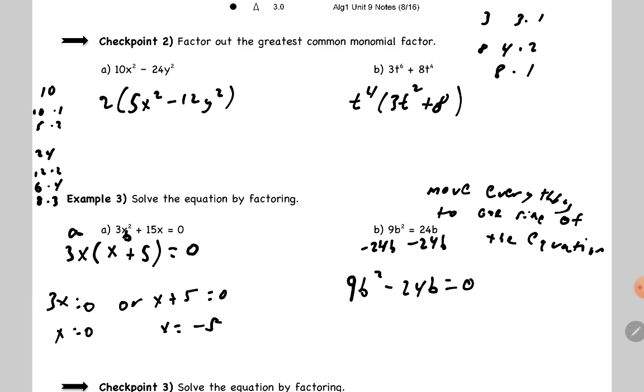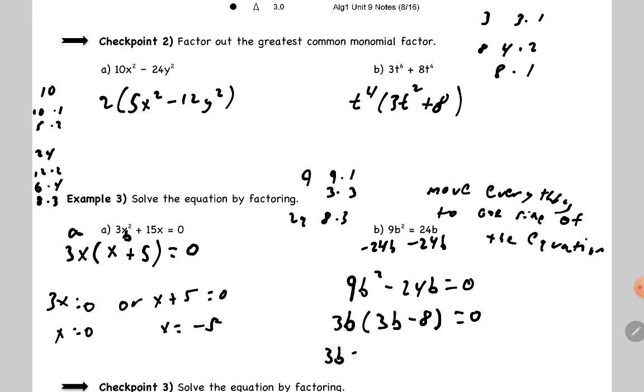Okay, now I can factor out something. So if I look at 9, it is 9 and 1 and 3 and 3, and 24, 8 and 3. And I'm going to stop there because the biggest factor is 3. And they both share a b, so I'm going to take out a b. So 9 divided by 3 is 3. If I take away a b, I'm left with 1b. And then 24 divided by 3 is 8. If I take away the last b there, that's all I have. Set that equal to 0.